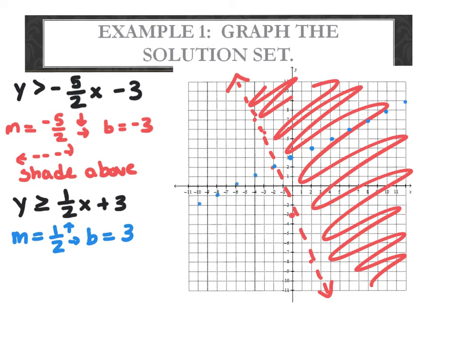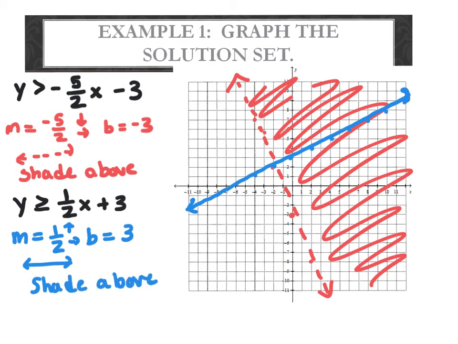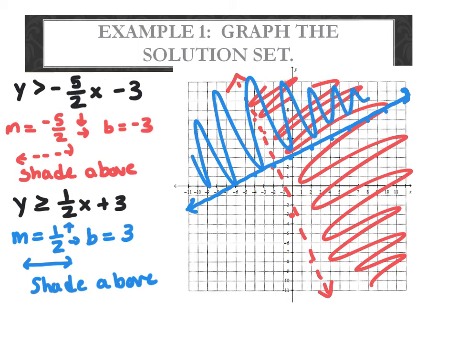Now, since it's greater than or equal to, this means it's going to be a solid line. And also, since it's greater, this means you're going to shade above. So I would shade this side of the graph. Now the intersection, which is my solution, is this area right here.